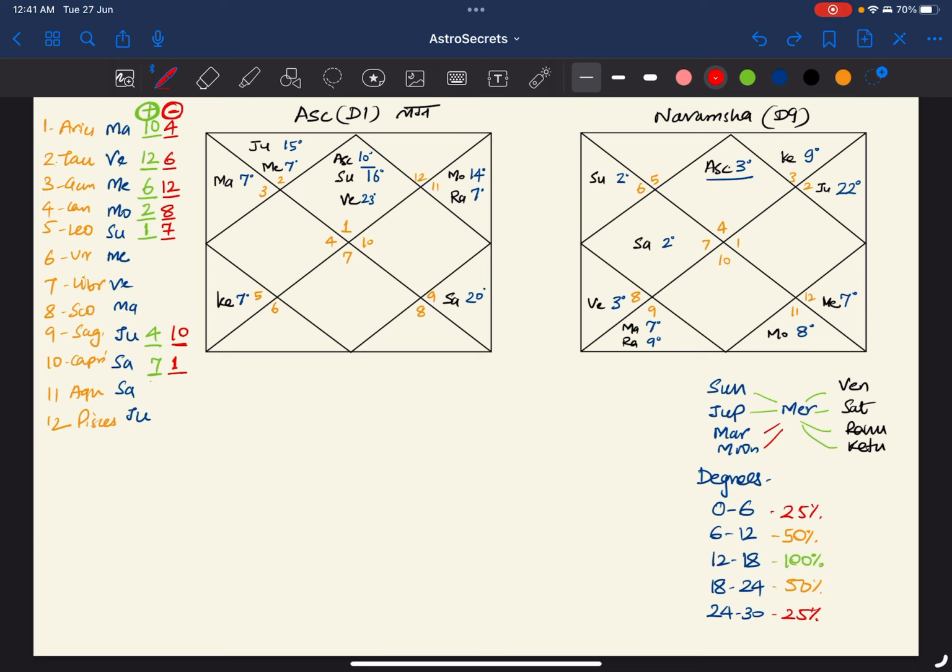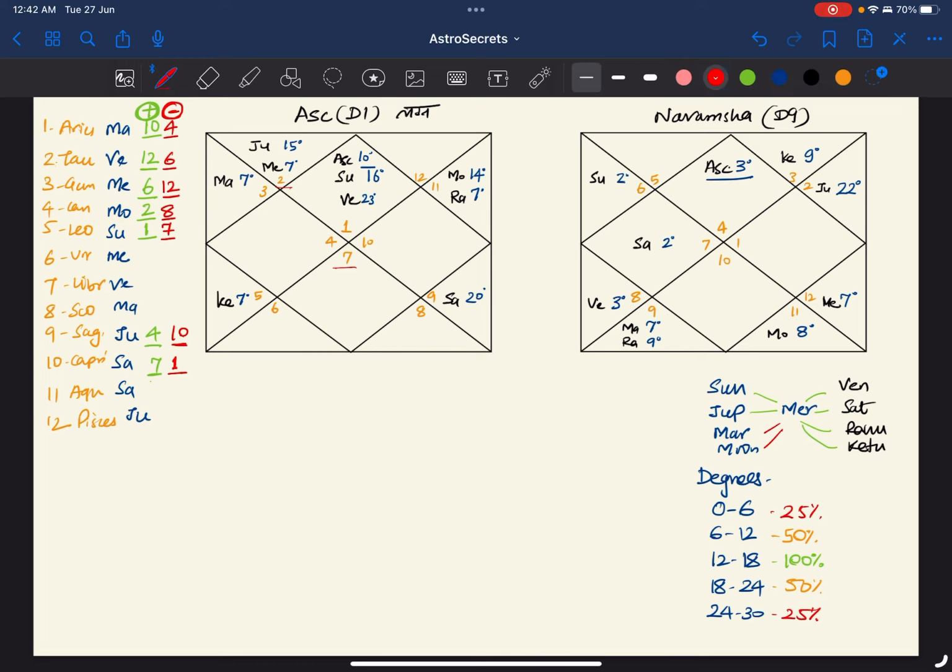Second and seventh lord basically are considered as Marak. In case of this D1 chart, second and seventh both correspond to Venus, right? So Venus is going to fall into the inauspicious category for this particular person.